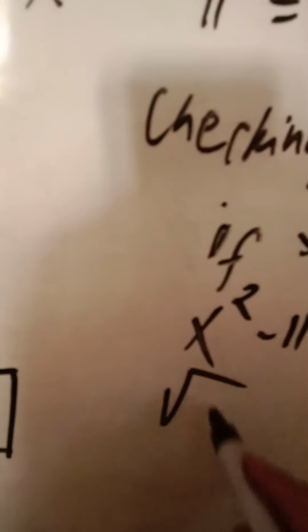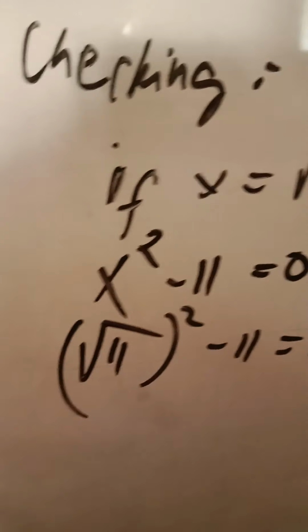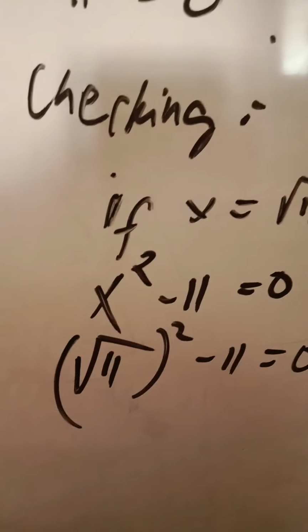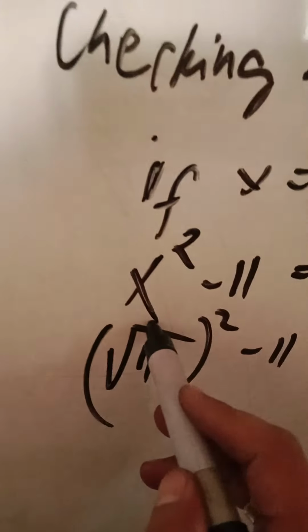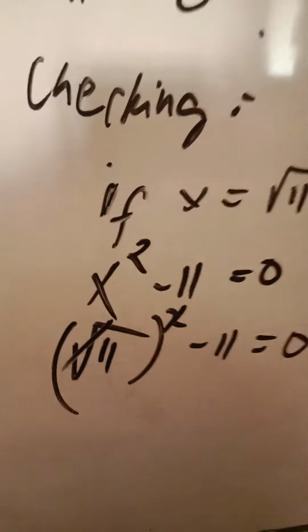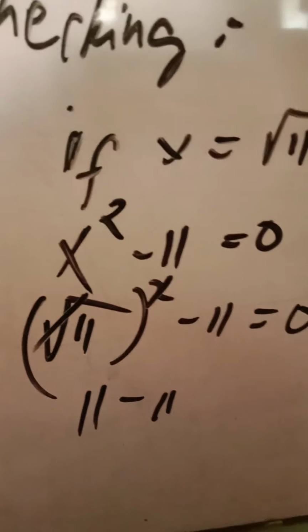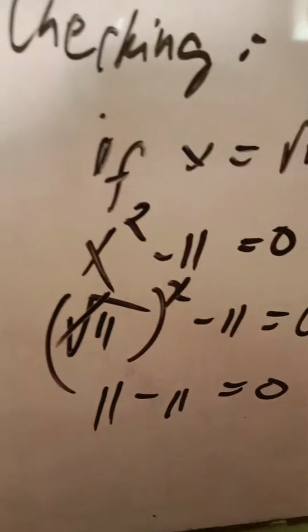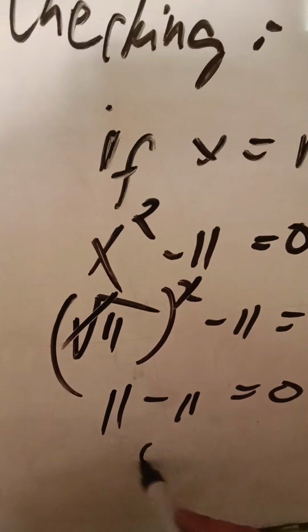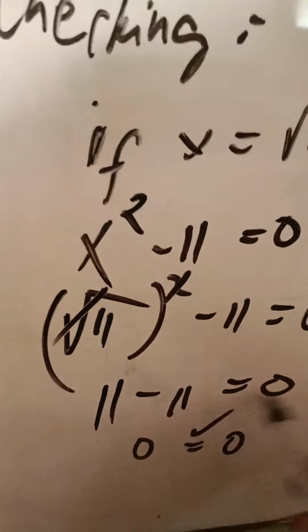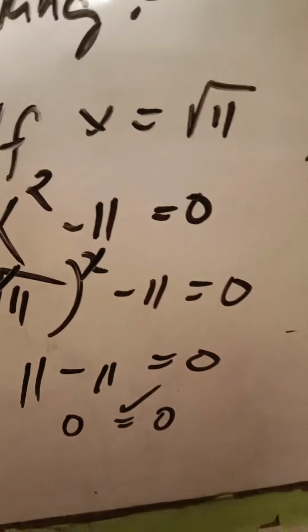Square root of 11 squared minus 11 is 0. So cancel out the square root and the power of 2. What remains is 11 minus 11 is equal to 0. So 11 minus 11 is 0, equal to 0. So our answer is checked.